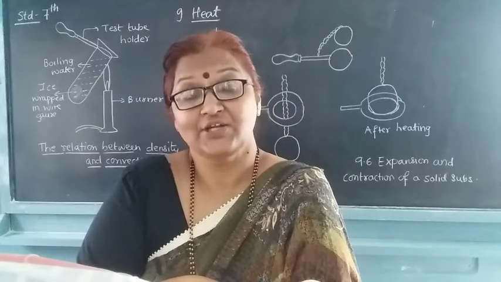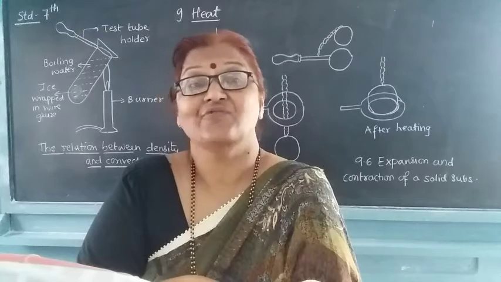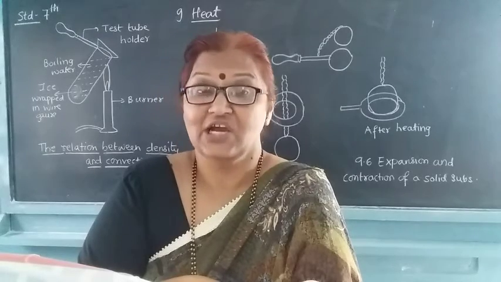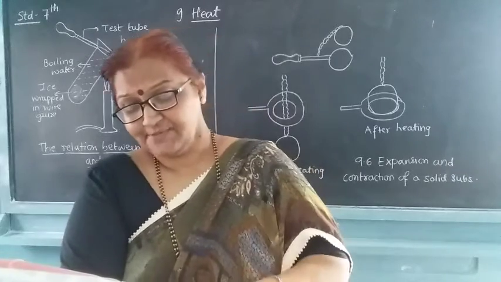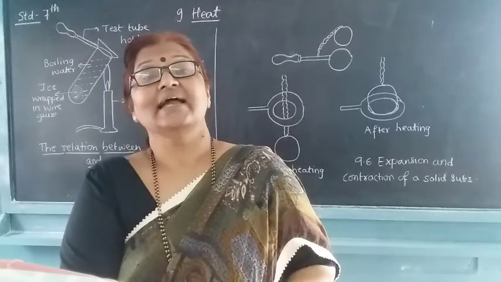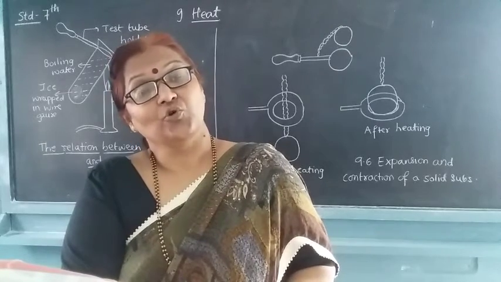First you have to make it hot. You have to see whether the ball passes through the ring or not, and afterwards you have to cool it, and then see whether it passes through the ring or not. The above experiment tells us that metal expands on heating and contracts on cooling.